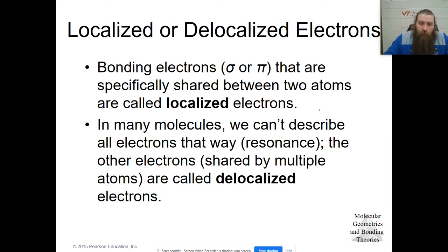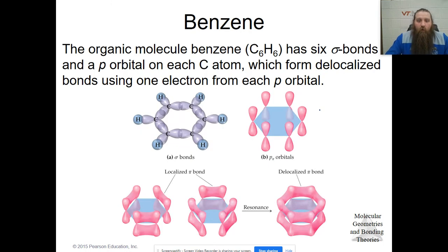Now, a lot of molecules, you can't do that. If you look at something like benzene, benzene has delocalized electrons because of the resonance structure, these are moving, and they're moving constantly.